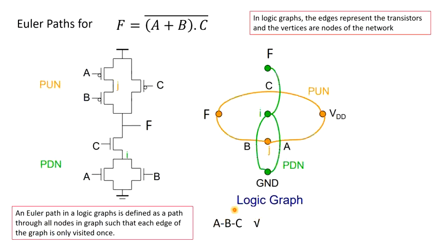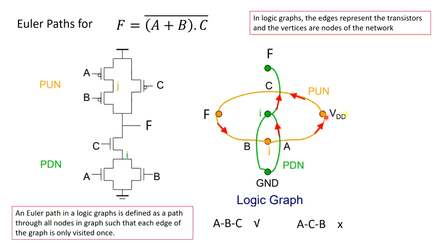Okay, but now if we choose the other combination like ACB, as we have done in the last slide, then let us see for the pull up network first. For the pull up network, if we choose ACB, A, fine, C, fine, B, fine. So we have a continuous path from here.